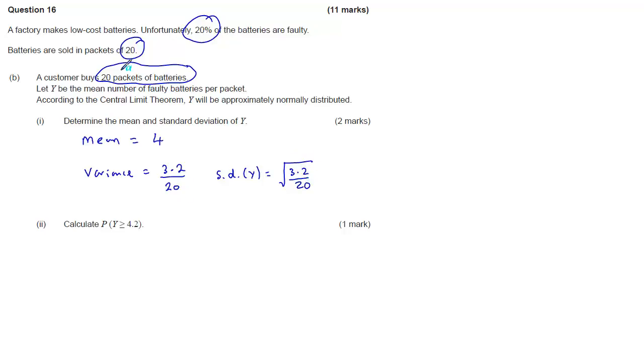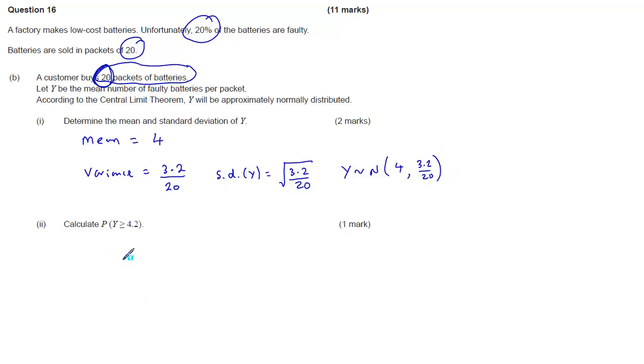The 20 here comes from the 20 packets being bought. So we have that Y is normal with mean 4 and variance 3.2 over 20.